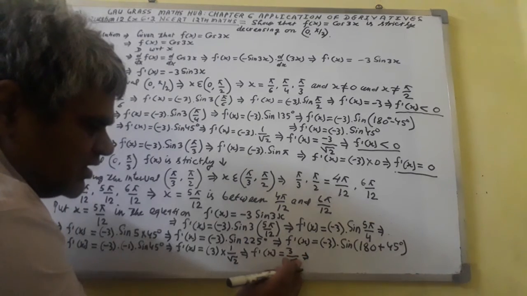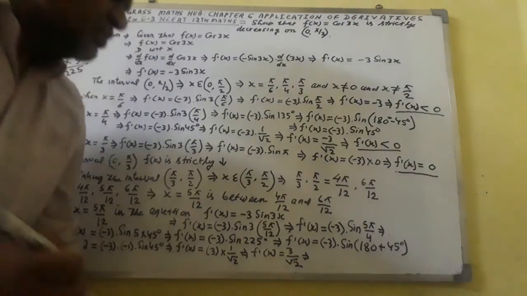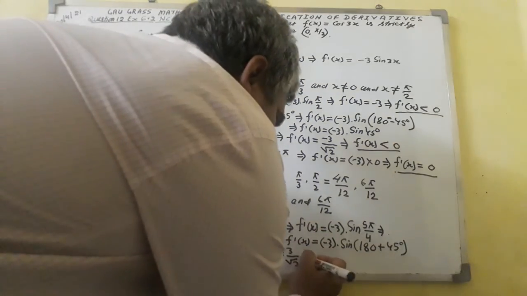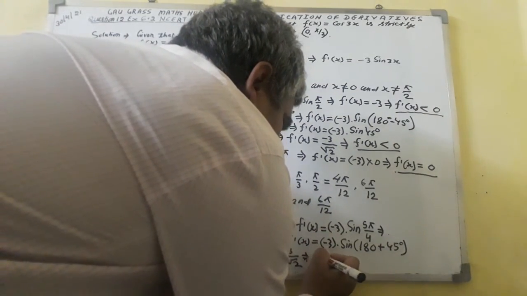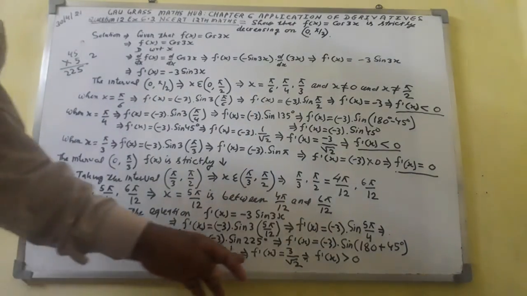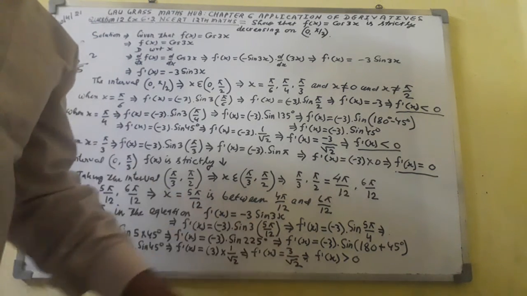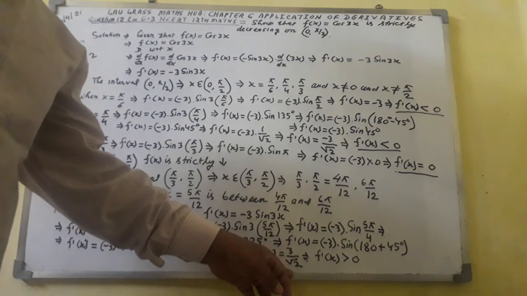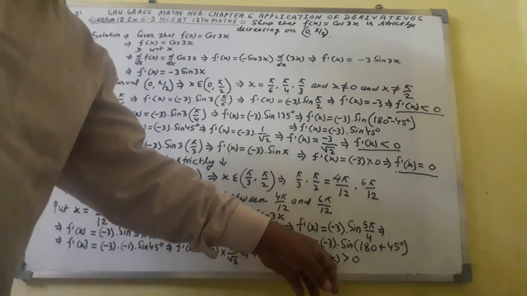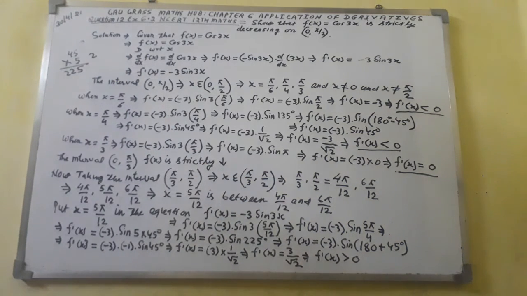Implied that f dash of x is greater than 0, because 3 over under root 2 is greater than 0. This thing we have got.